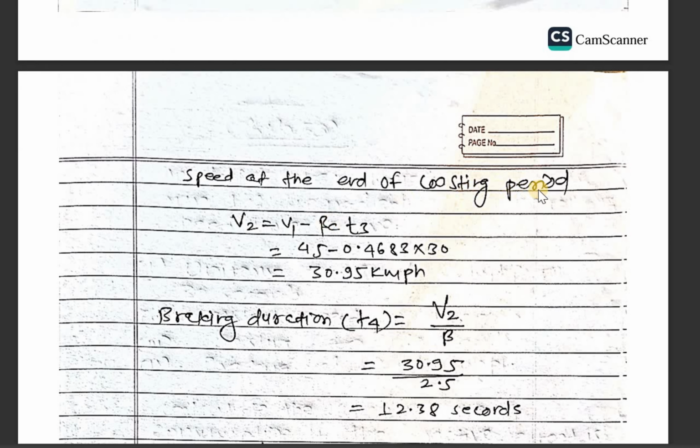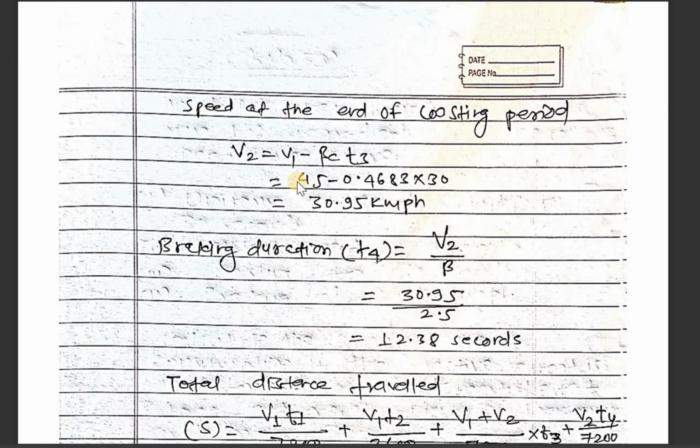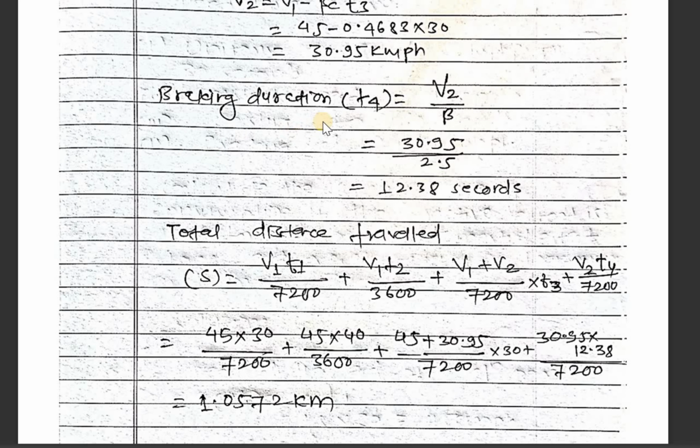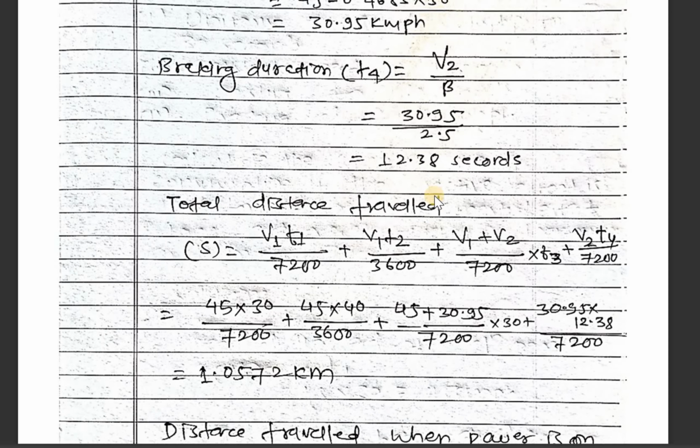The speed at the end of coasting, that is v2, equals v1 minus beta c t3. Put the values of v1, beta c and t3, you get 30.95 km per hour, and braking duration t4 equals v2 upon beta, that is 30.95 upon 2.5, that is 12.38 seconds.